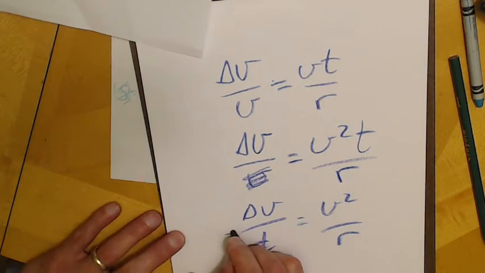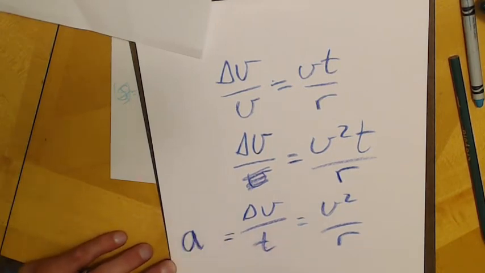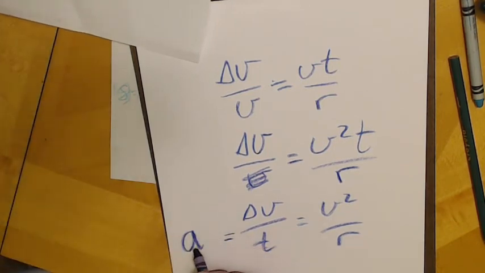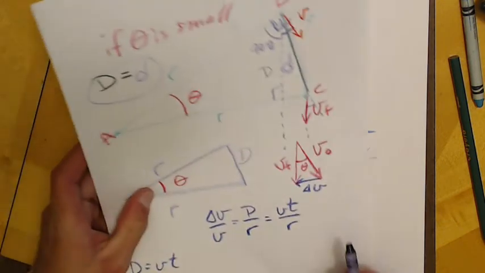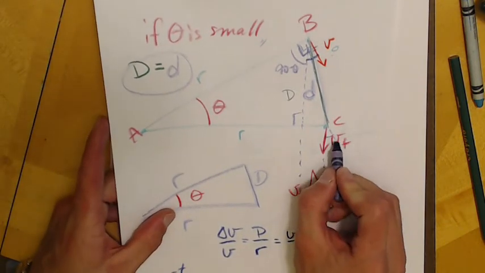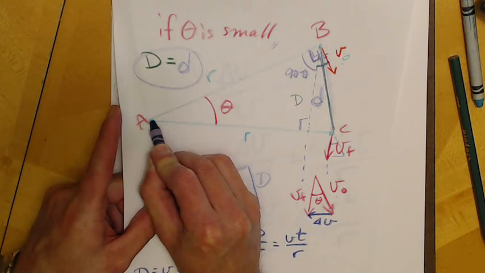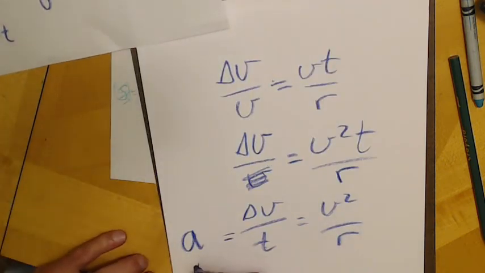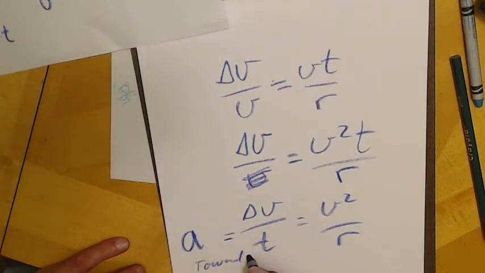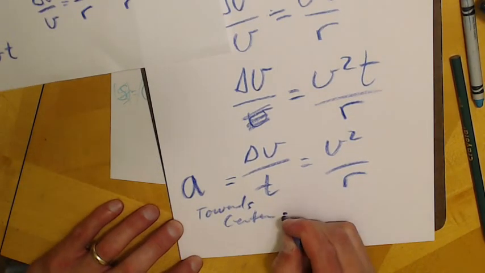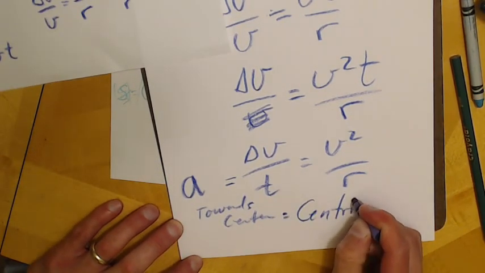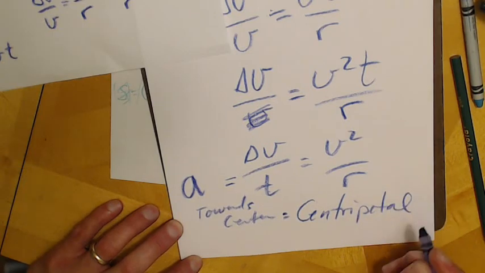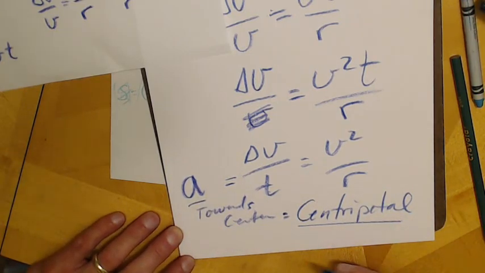So this becomes the acceleration. But which way does it point? It's pointing this way. Which way is this way? Towards the center. The Greek word for that is centripetal. So this is centripetal acceleration.